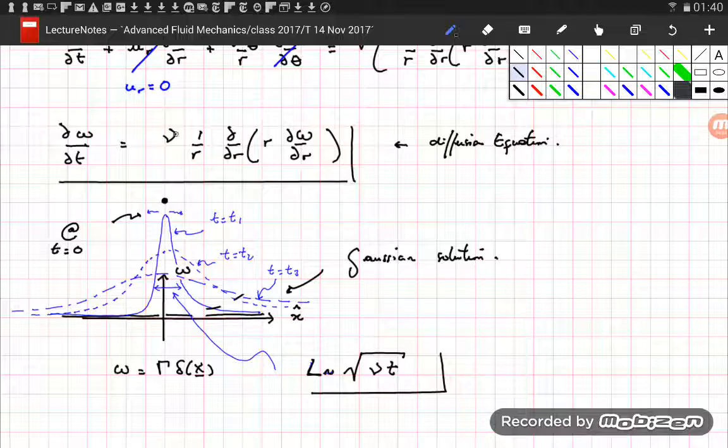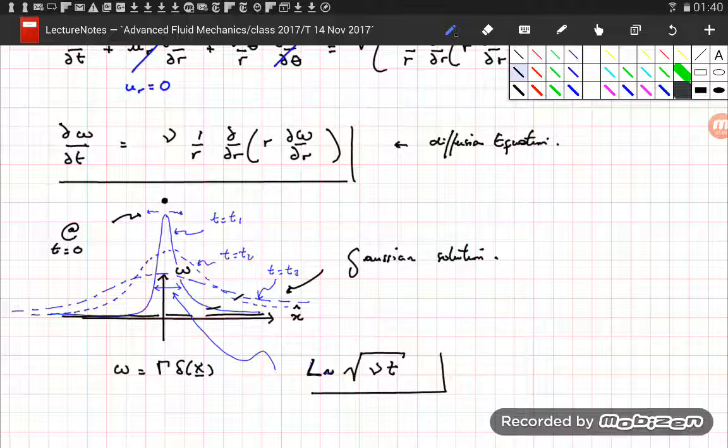Now, note that if you have no viscosity, when the viscosity is very, very low, then vorticity does not diffuse. If you assume the flow to be inviscid, that means essentially you neglect that mode of transport. You neglect the fact that vorticity diffuses. So let me state that again.